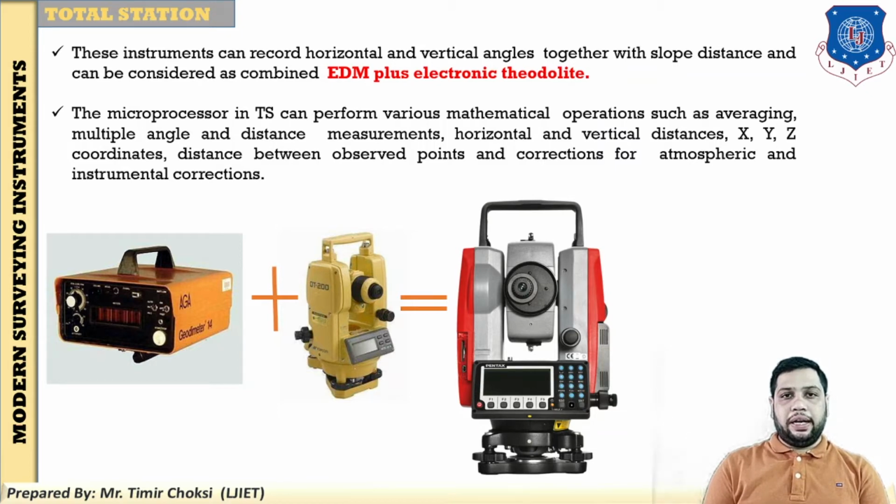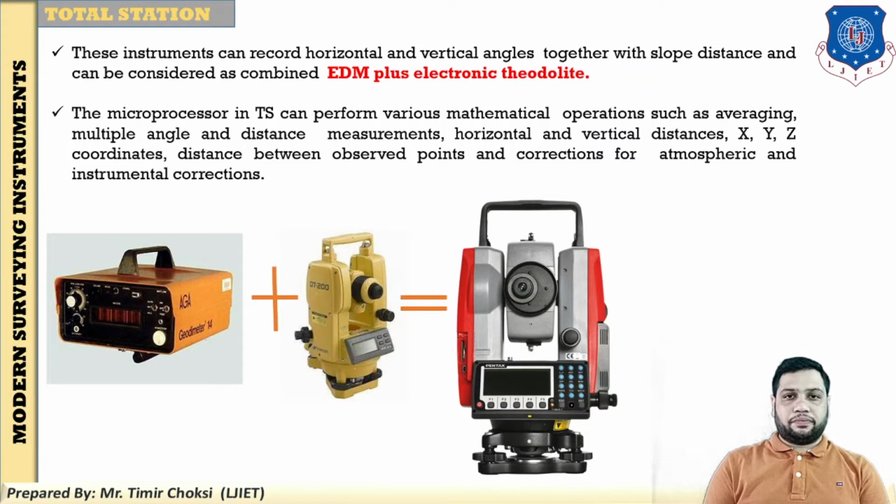The microprocessor in the total station can perform various mathematical operations such as averaging multiple angle and distance measurements, horizontal and vertical distance, x, y, z coordinates, distance between observed points, and corrections for atmospheric and instrument errors.